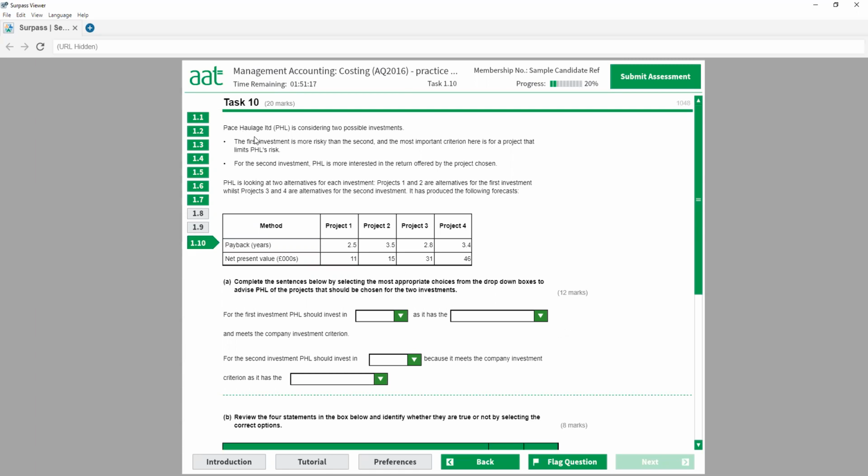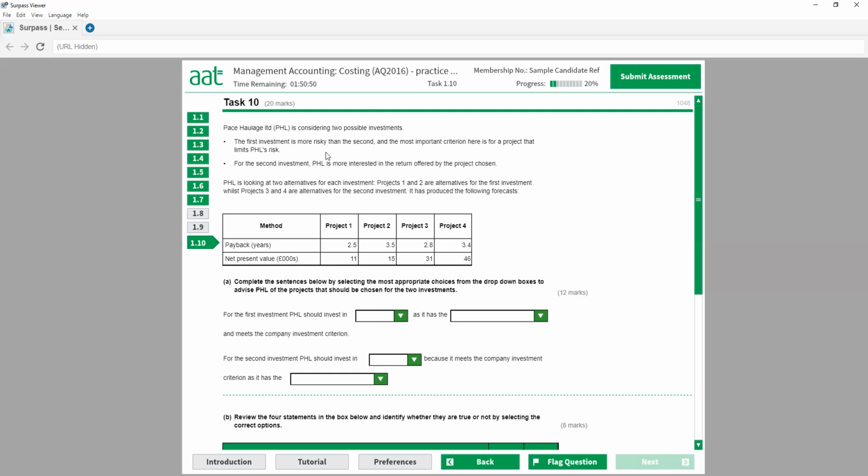It says P Limited is considering two possible investments. The first investment is more risky than the second one. And the most important criterion here is for the project that will limit PHL's risk. So basically they said we have two projects. The first investment is more risky, and here they're giving the priority to limiting risk.